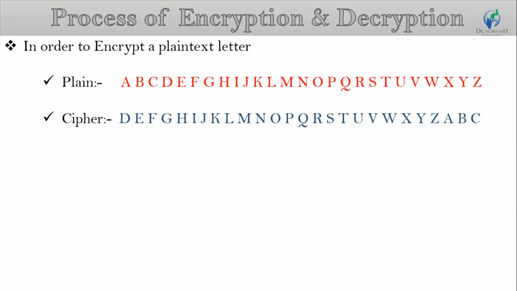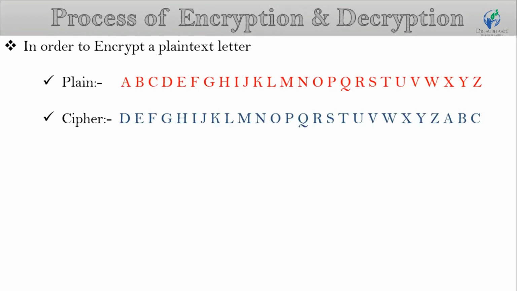Here the plain text is A to Z. So based on that three shift we have created the ciphertext D to C, which we have already discussed.